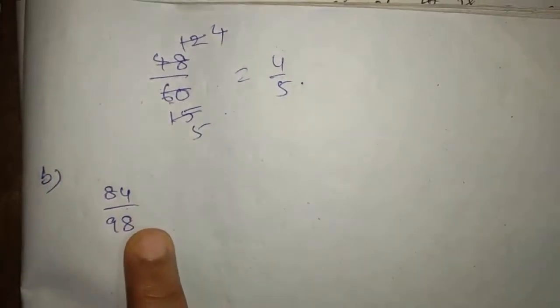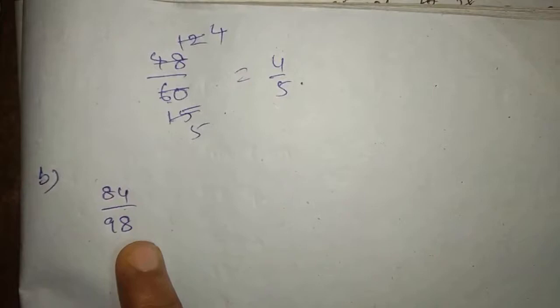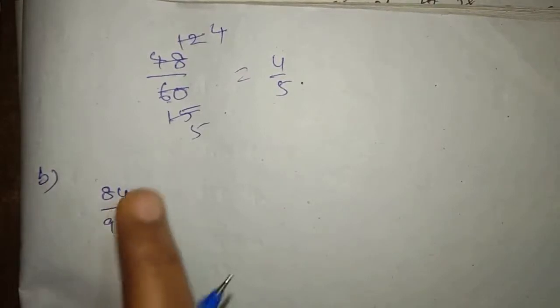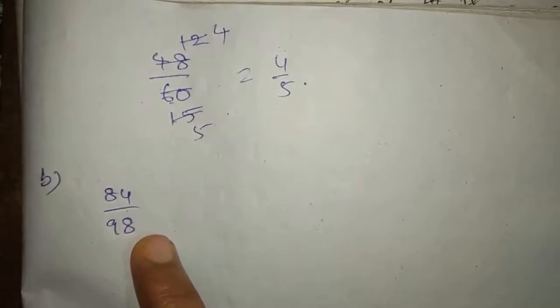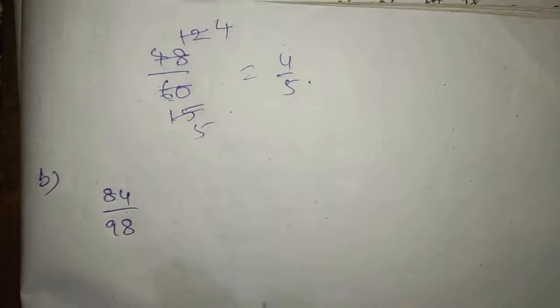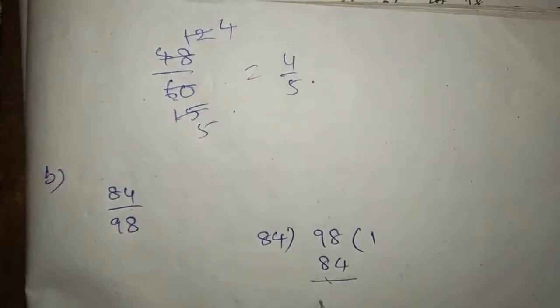Now 84 by 98, B1. Here also, first we find the HCF of both numerator and denominator. Here the larger number 98 is divided by the smaller number 84. 84 ones are 84, remaining 14.